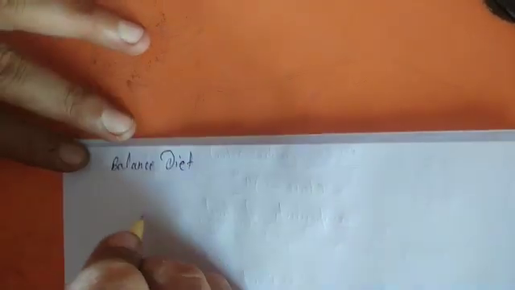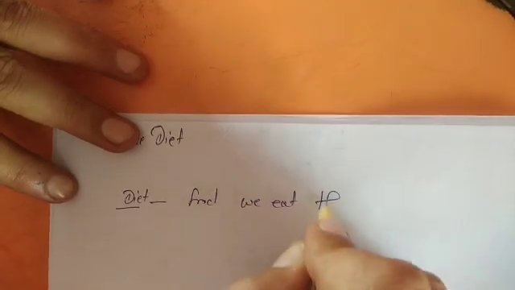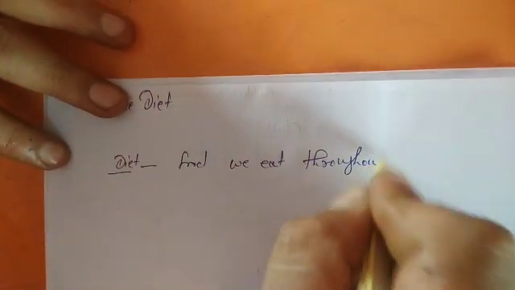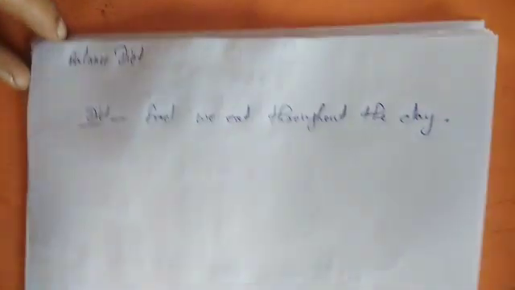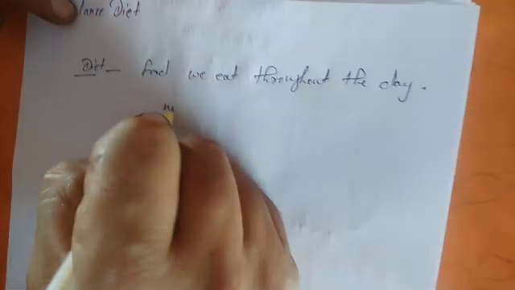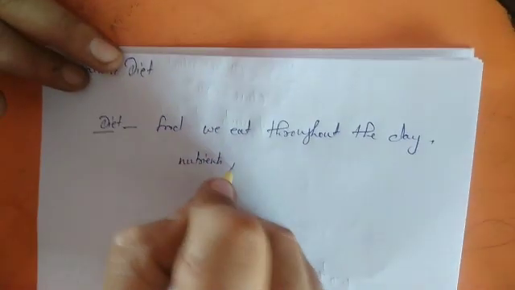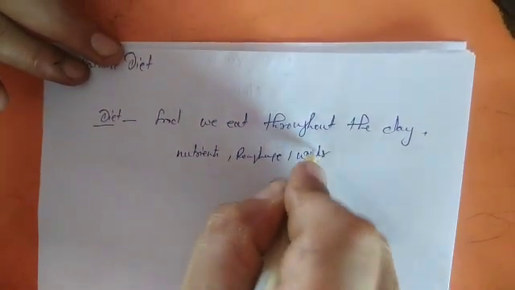Now the next thing we are discussing is the balanced diet. What is the difference between a balanced diet and a diet? Diet is the food we eat throughout the day. But we need nutrients, roughage, and water, all in proper amounts.